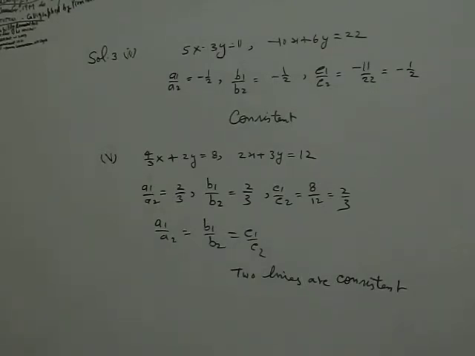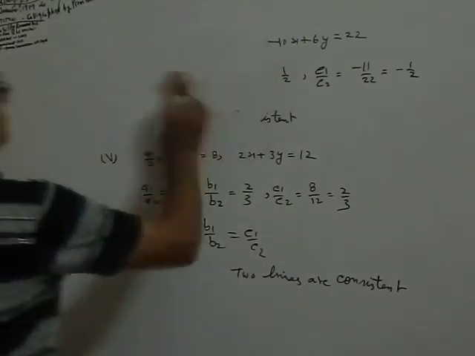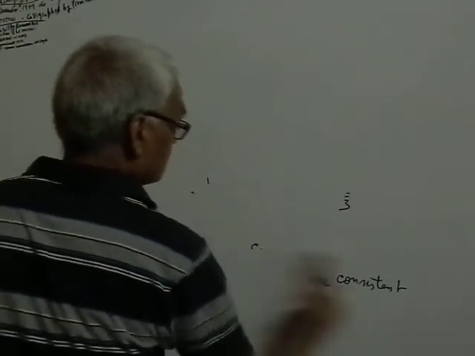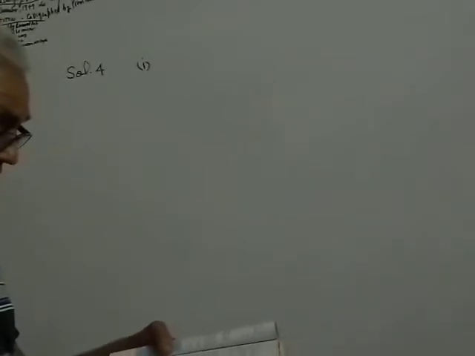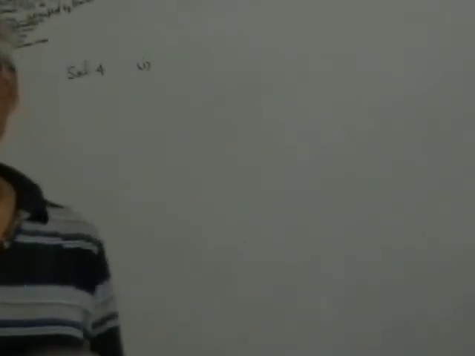Now come to the question number 4. Solution of question number 4. Fourth ka first part. Here you tell which of the following pair of linear equations are consistent, inconsistent. If consistent, obtain the solution graphically.